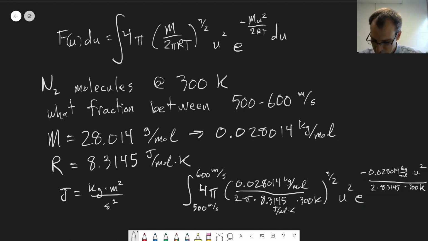And just to double check our units here, the moles are going to cancel, the Kelvins are going to cancel, and the kilograms will cancel within the joules, kilogram times meter squared over second squared. So we should get something in seconds cubed over meters cubed, but that'll multiply by meters squared over seconds squared. Yeah, this works out. And then there's du here. Okay, so we have all of this.